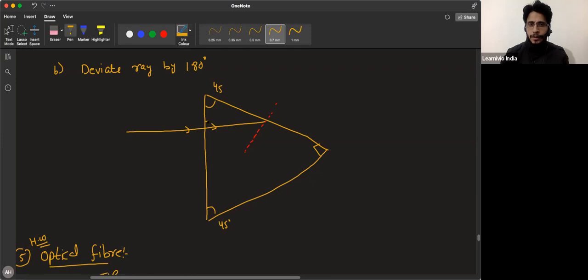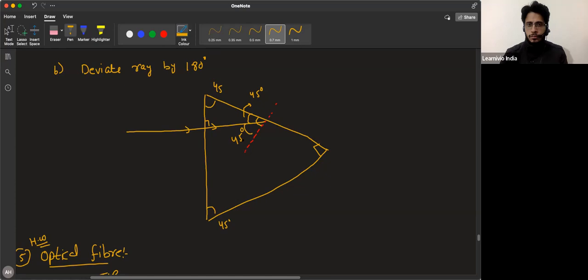This angle is 90 degrees. This is 45 degrees. Then how much is this angle, Ahmed? 45 degrees. If this is 45 degrees, then this is again 45 degrees, but this whole is 90 degrees. So is this angle greater than the critical angle, Ahmed?